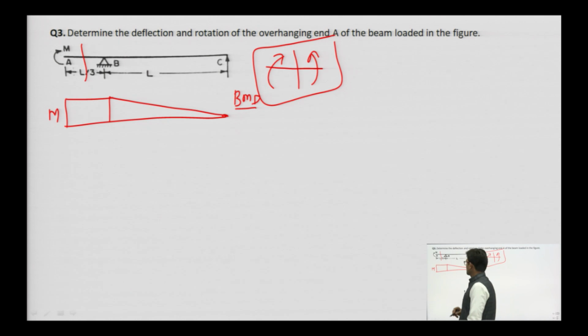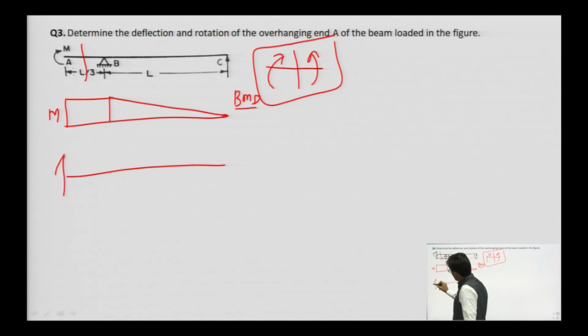We do not need to calculate any reactions. So it is a conjugate beam. In the conjugate beam, this free end will be replaced by fixed. The outer support is not going to change.